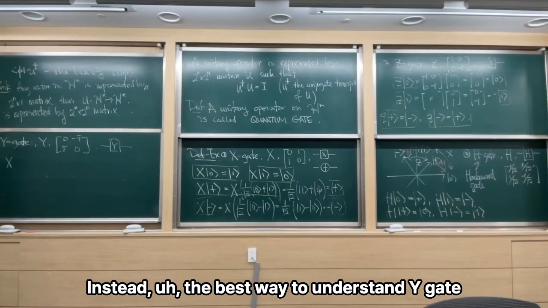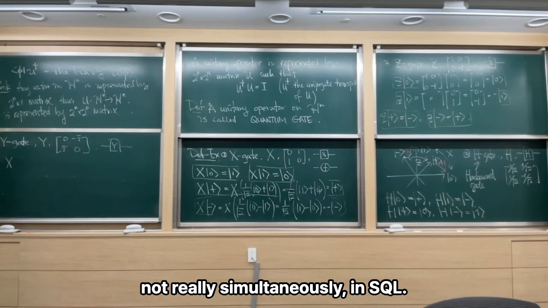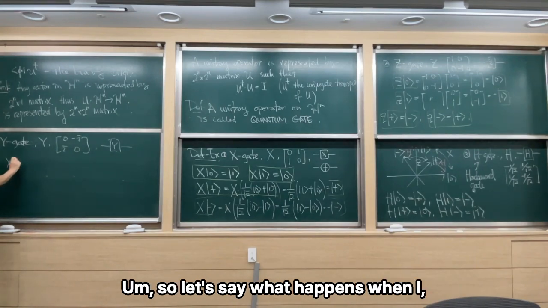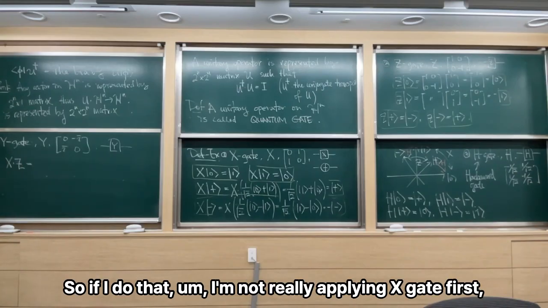Instead of understanding the Y gate acting on the basis states, the best way to understand the Y gate is that it's an action of the X and Z gates together. Not really simultaneously, but in sequence. So let's see what happens when I apply the X and Z gates.